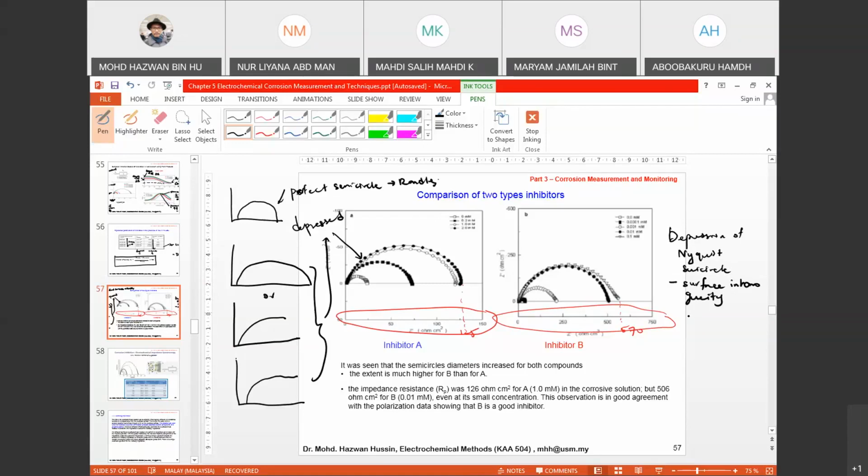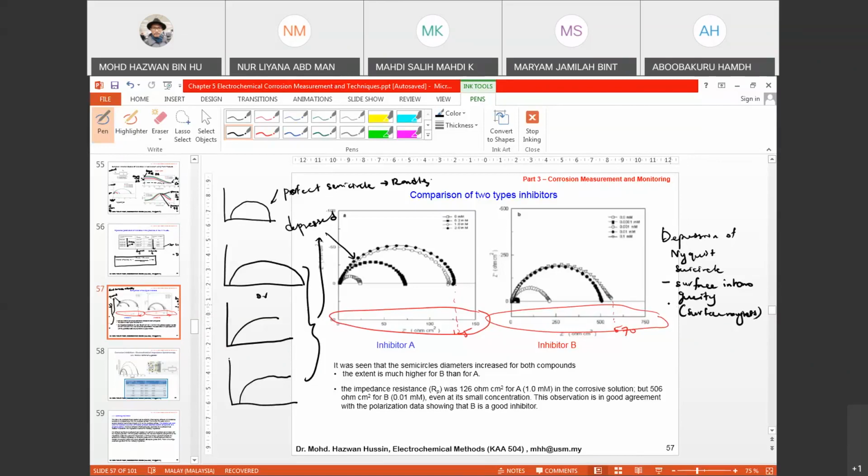Surface inhomogeneity means that the surface roughness is not even. This can be seen a lot if you do manual polishing.